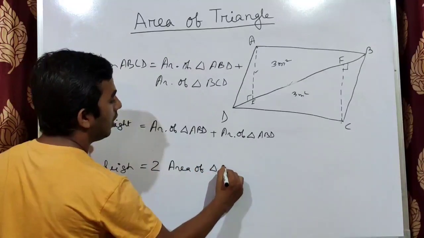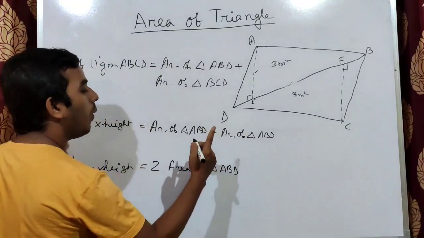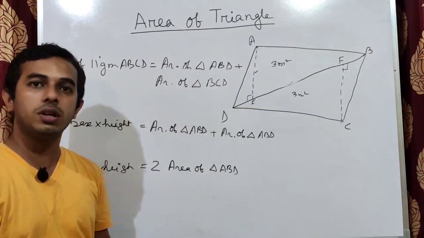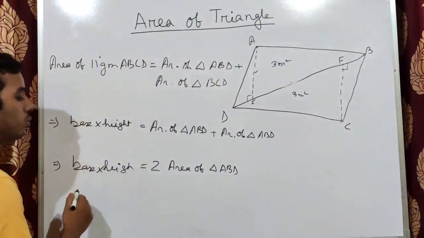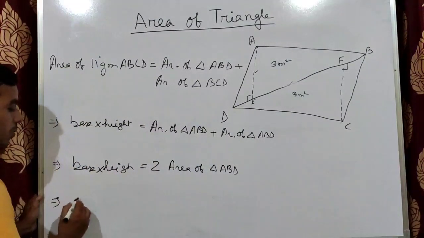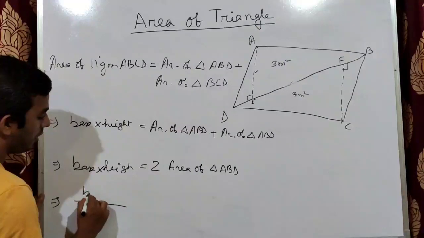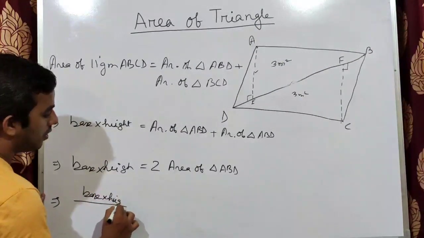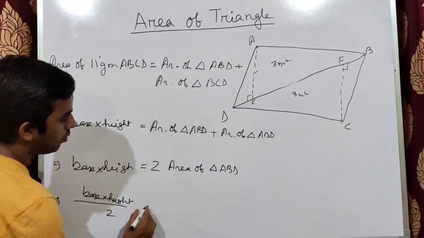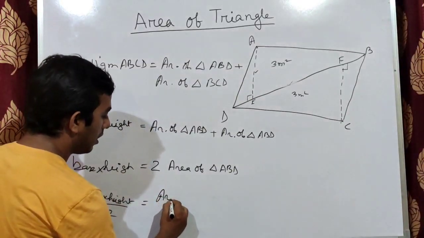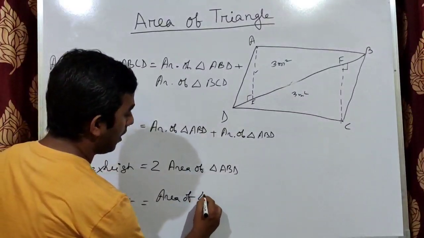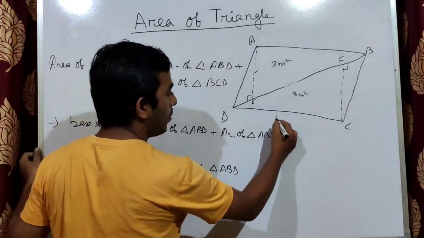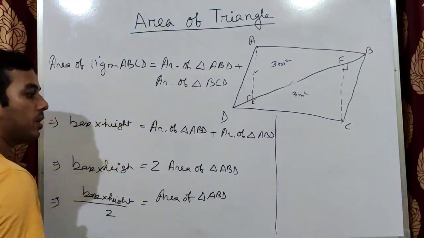of triangle ABD. Now one thing we know, if any number is multiplied and when we change the side, it gets divided. So if we bring 2 to this side, it will be base into height divided by 2 equals area of triangle ABD. Clear? I hope up to this everyone is clear.